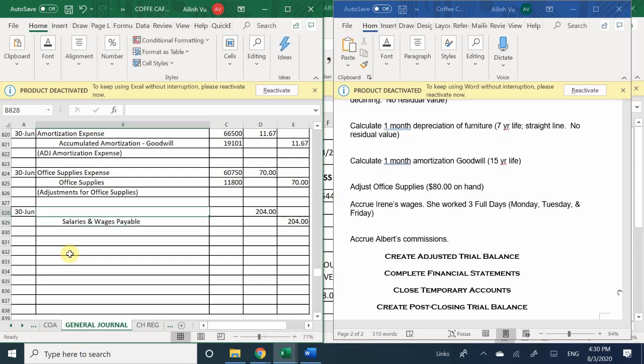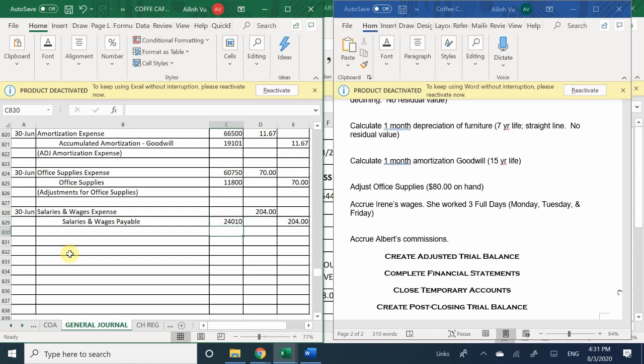All right. And we're going to go ahead and expense it, but we owe her the money. We're not going to pay her yet. So salaries and wages payable is 24010.